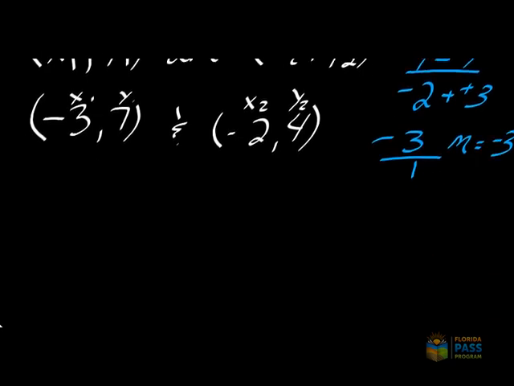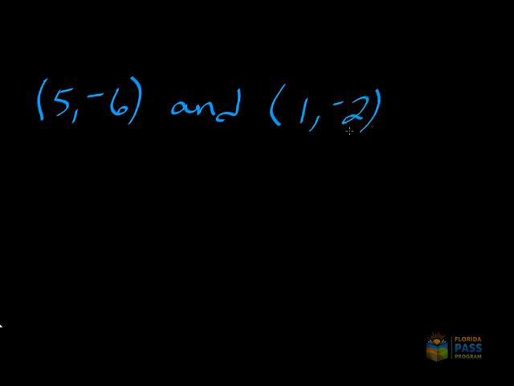Let's try that again. In this next example, you're also going to be given 2 points, 5, -6, and 1, -2. Let's go ahead and do 2 things. First, let's write the formula so that you always have it fresh: y2 minus y1 divided by x2 minus x1.